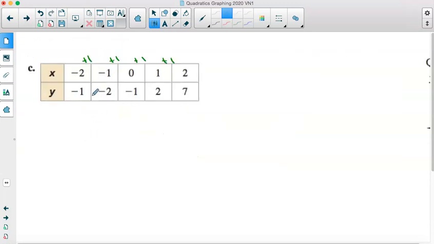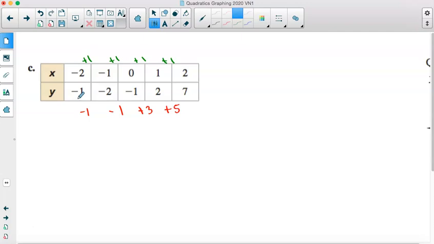So -1 to -2, I'm subtracting 1. -2 to -1, I'm again subtracting 1. -1 to 2, I'm adding 3. 2 to 7, I'm adding 5. So I'm going from -1 to -2, and how do I get there?